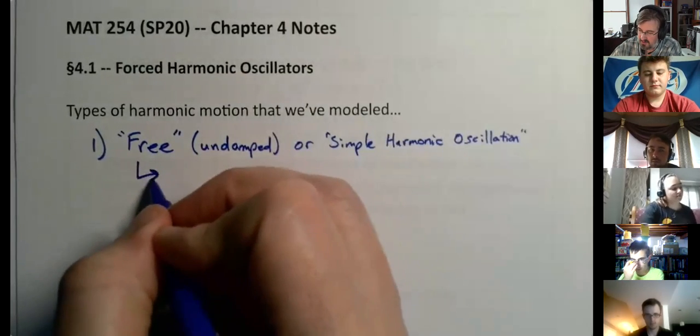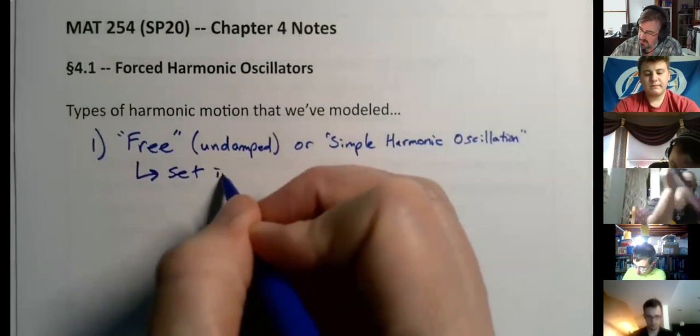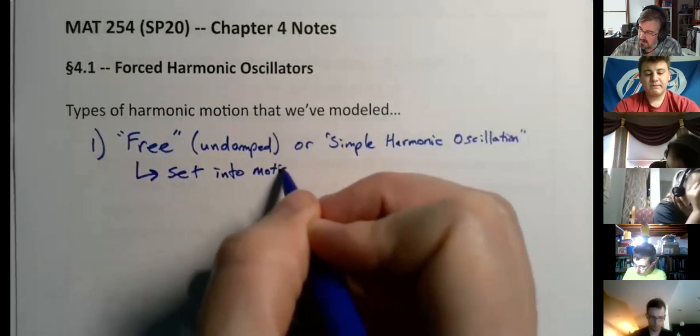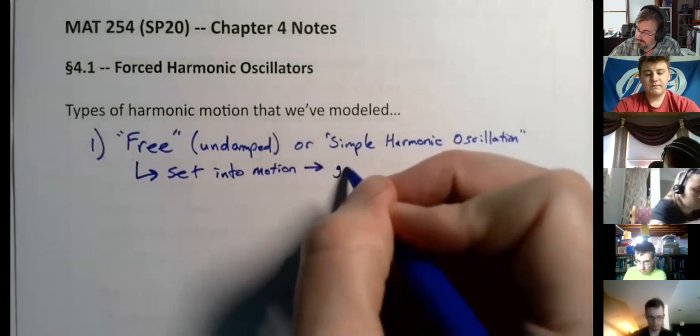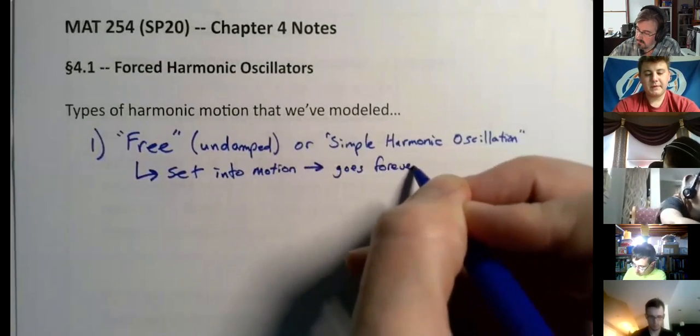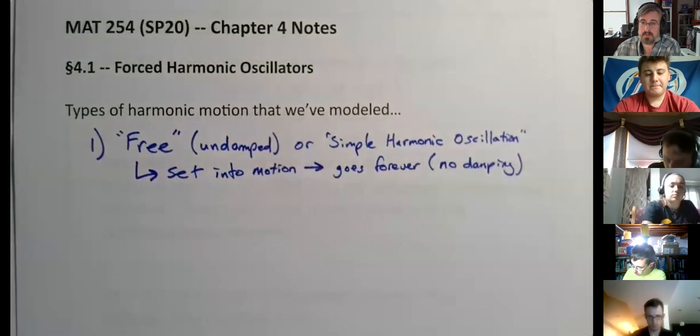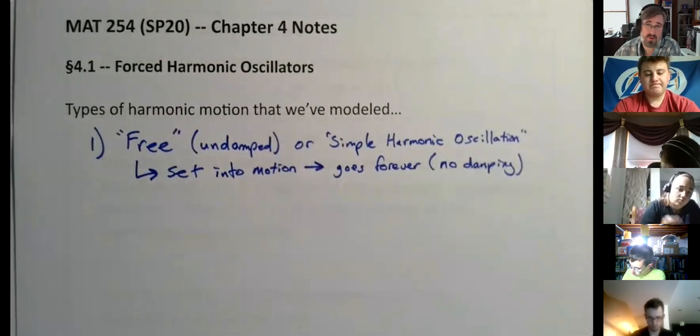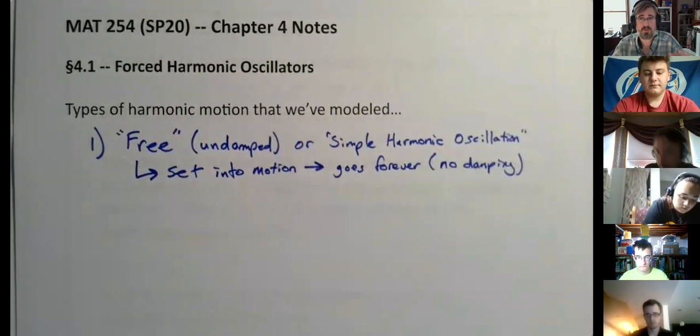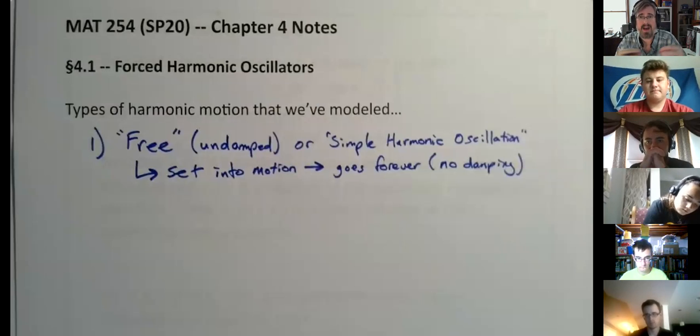And so basically this is just saying, set it into motion, and it just goes forever. So there's no damping. Right? It's technically pretty boring and also pretty much unlike the real world, because in the real world, there's always damping. Even if you have the simplest molecular spring, and yes, there are things called molecular springs, which are basically polymers that when you stretch them, they want to pull back to the same shape.